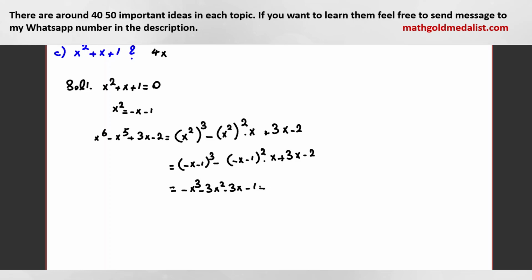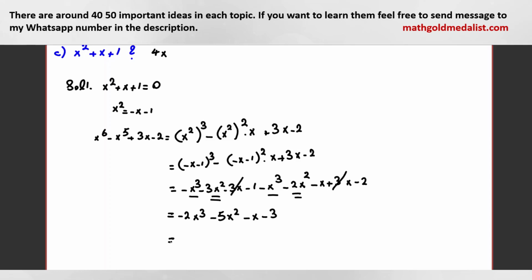This one minus x squared times x, minus x cubed again, plus 2x squared, and then plus 1 minus x plus 3x minus 2. So it will be negative 2x cubed minus 5x squared, minus 3x plus 3x will be cancelled, minus x minus 3, right?